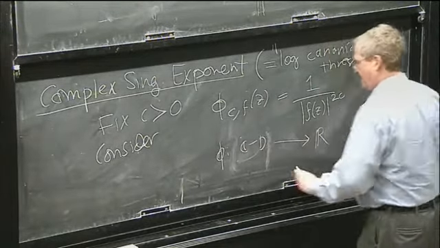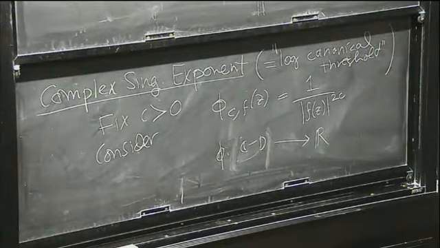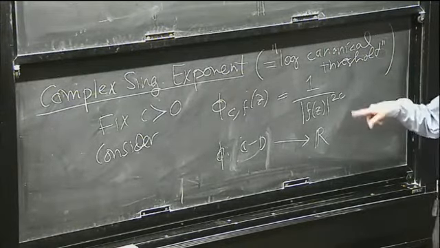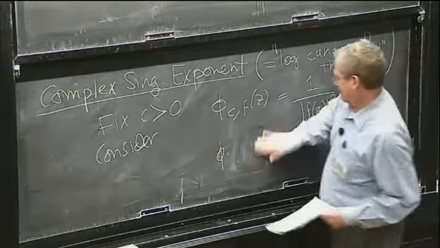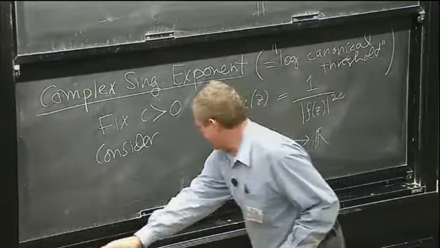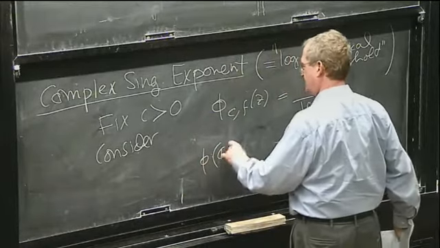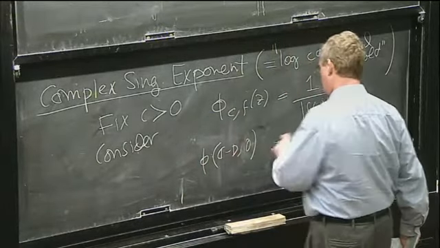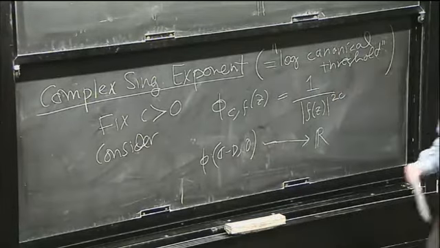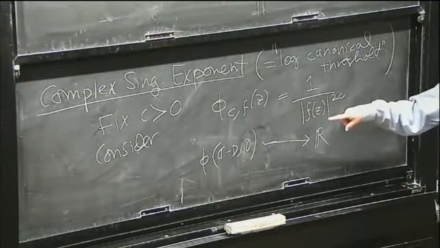If I'm working locally, it's just locally defined, in a neighborhood. And the point is, of course, that when f is 0, this is blowing up.